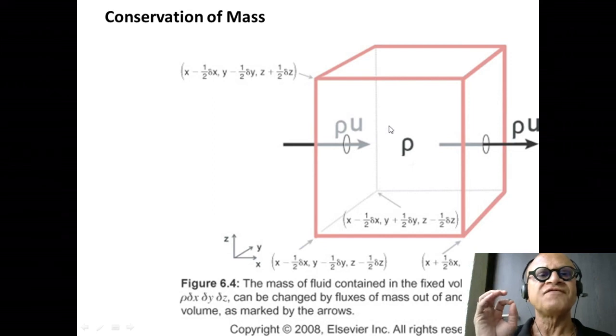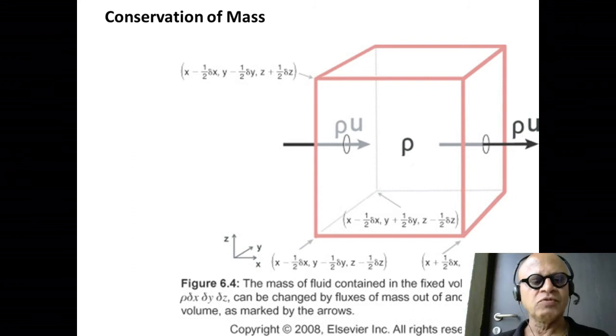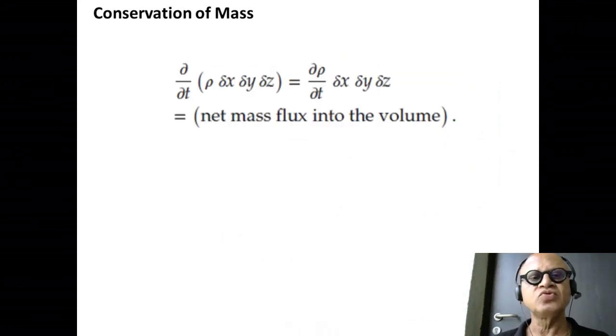So conservation of mass basically means unless there is a source or sink, mass has to be conserved as the parcel moves around. So there are fluxes of mass coming in, fluxes of mass going out in every direction, and they have to be conserved. How do we do that? We will see that soon.